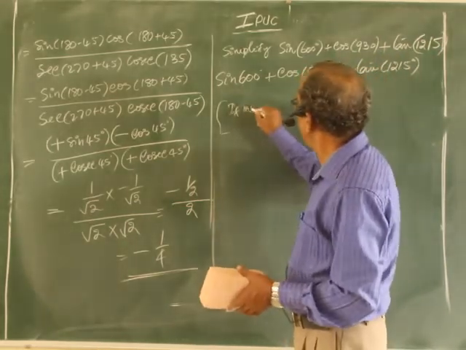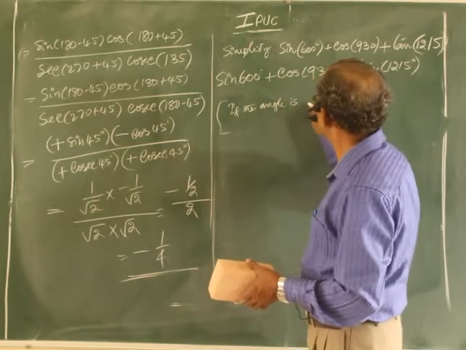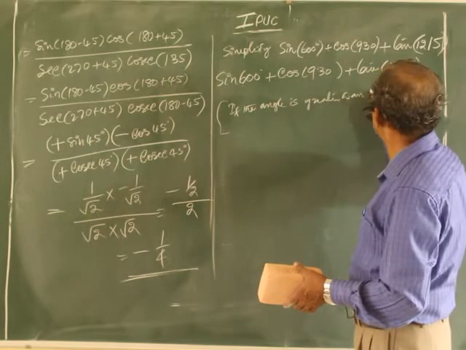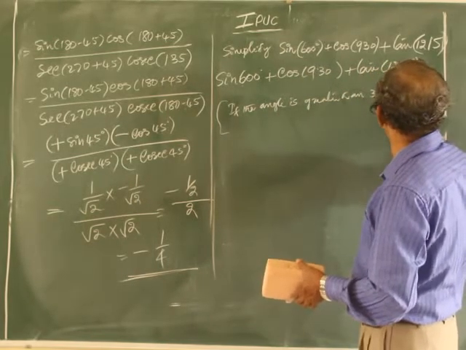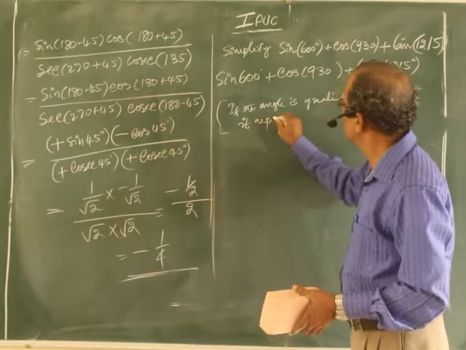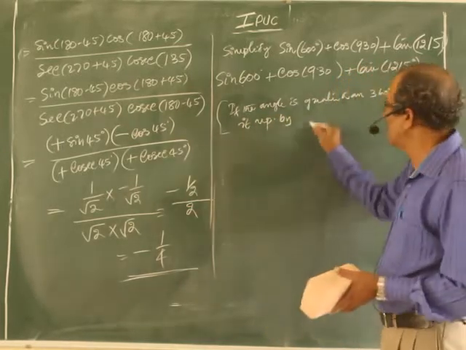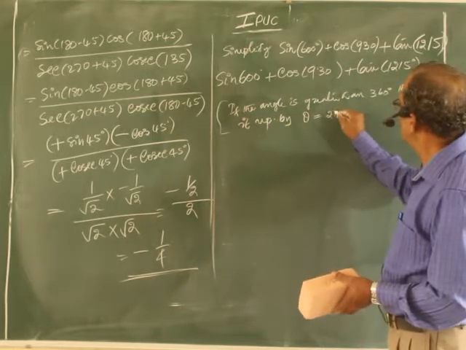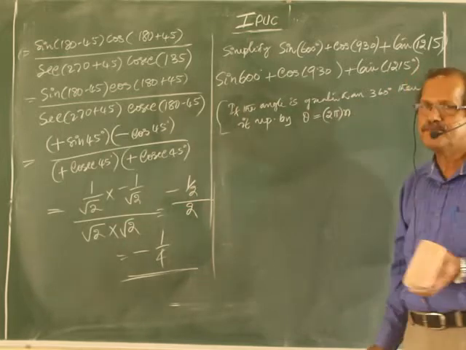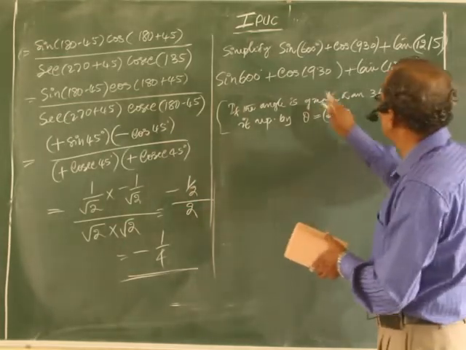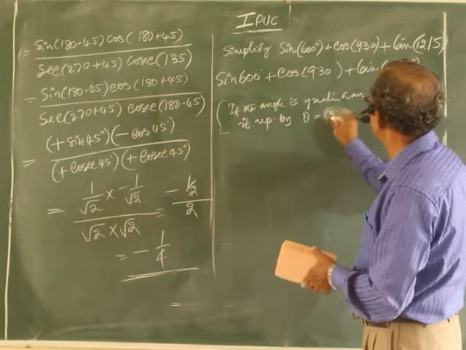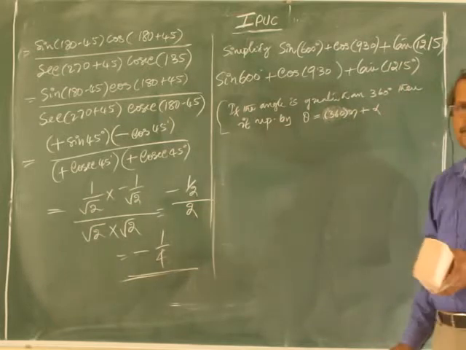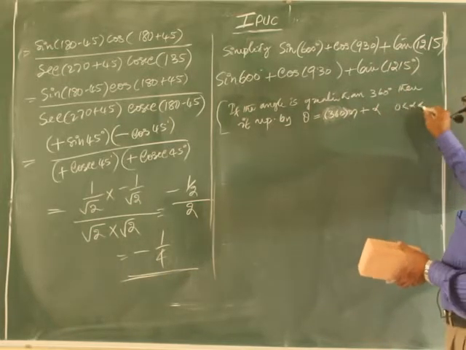If the angle is greater than 360, then it is represented by, do you remember this formula? Since I am writing once again, see, theta equal to 2 pi into n, multiple of 360. Since it is in degree, let me write a degree only. 360 into n completed rotation plus alpha. Here alpha is less than 360.